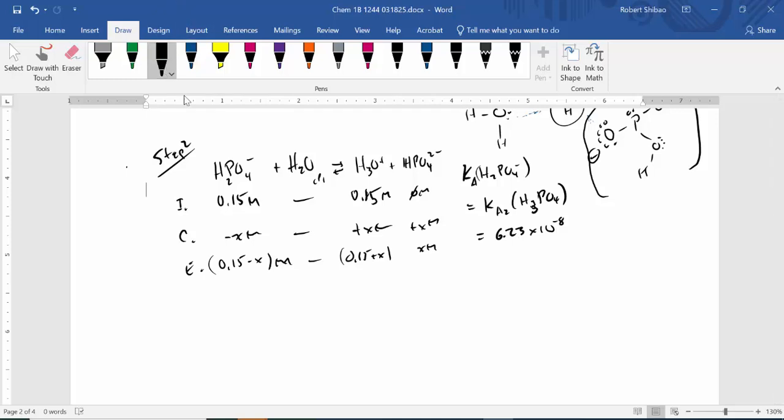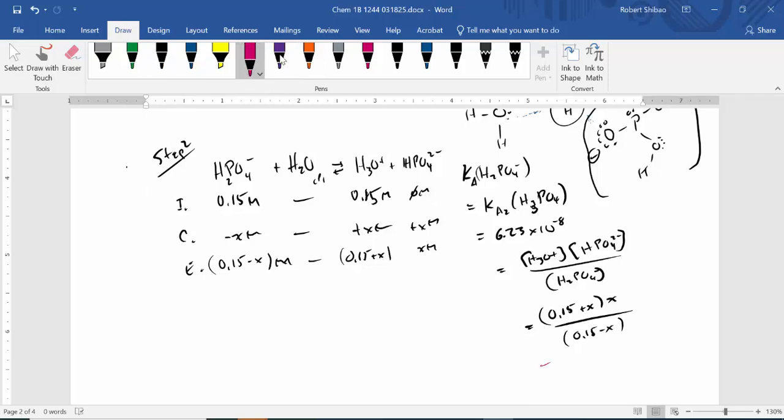And so this is going to equal the hydronium concentration times the monohydrogen phosphate divided by the dihydrogen phosphate. And so this is going to be 0.15 plus X times X divided by 0.15 minus X here.